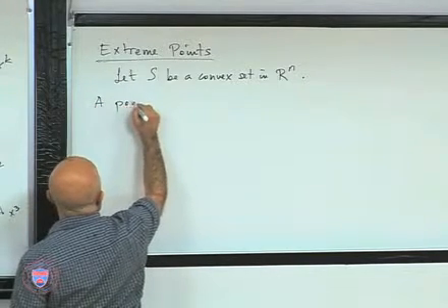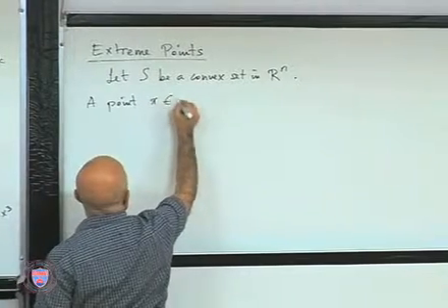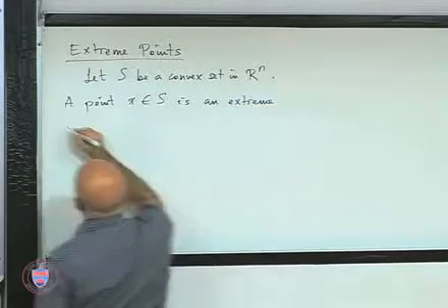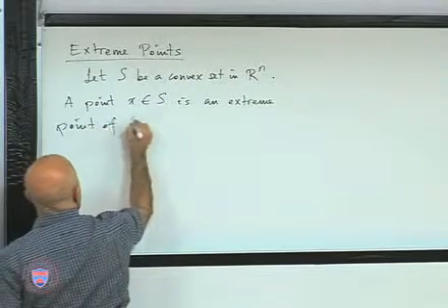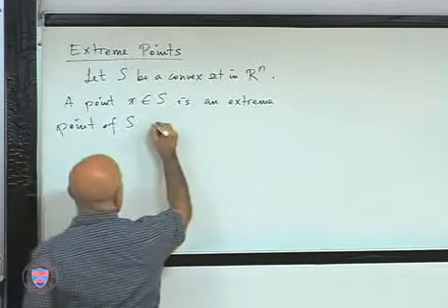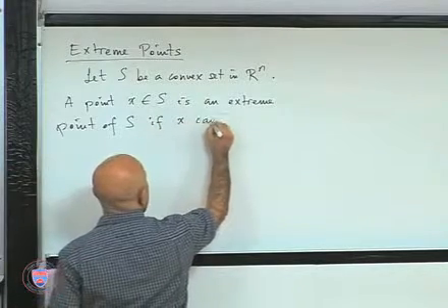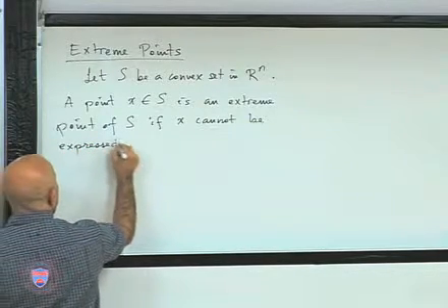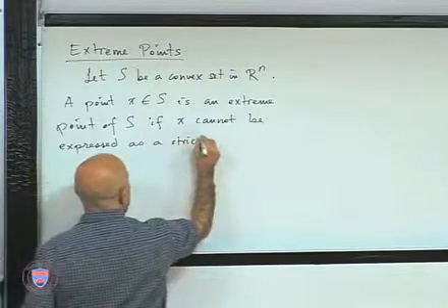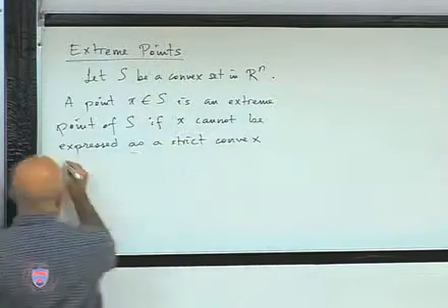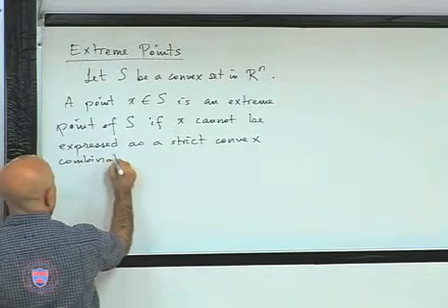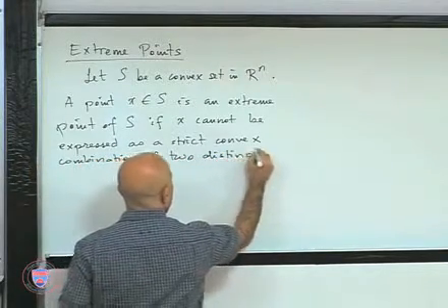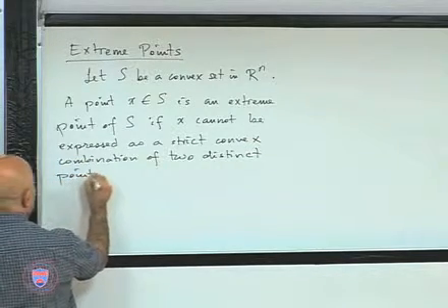A point x in S is an extreme point of S if x cannot be expressed as a strict convex combination of two distinct points of S.